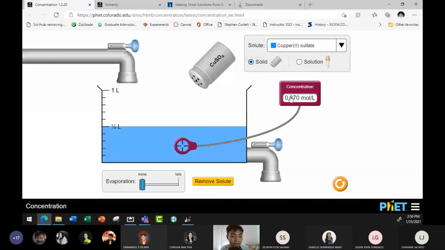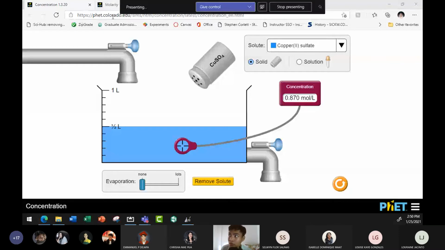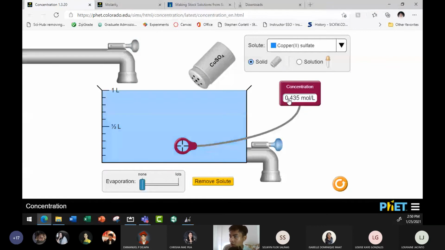Ano mangyayari if I add water? The amount of solute will remain the same. Same pa rin yung moles niya. Ano lang magbabago? Yung volume and at the same time yung molar concentration. Dagdagan natin ng tubig. What happened to the concentration? Nagbago. Okay? So, yun yung dilution. By adding water to your solution, what happens is that the concentration decreases.